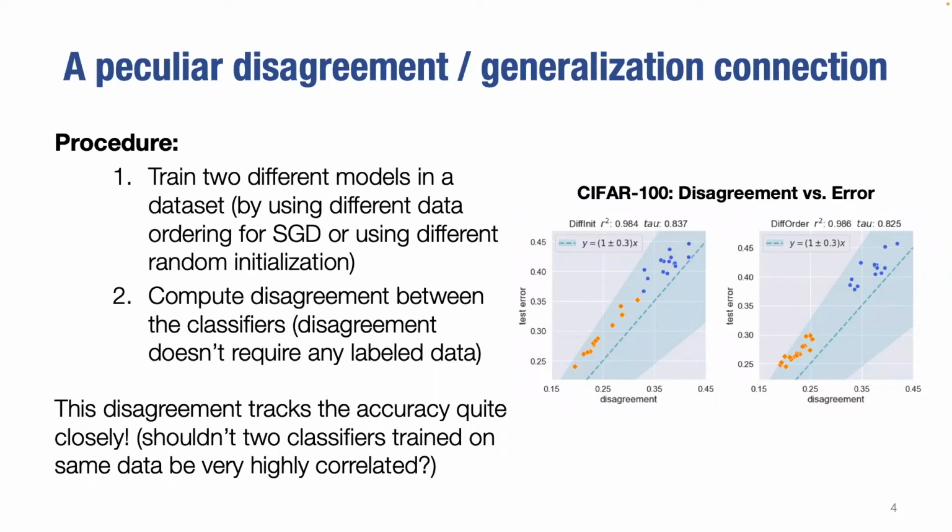That's the way you should think about this result. It's about classifiers that we're trying to make similar, but which, due to the stochasticity of SGD or random initialization, wind up actually disagreeing, kind of surprisingly.